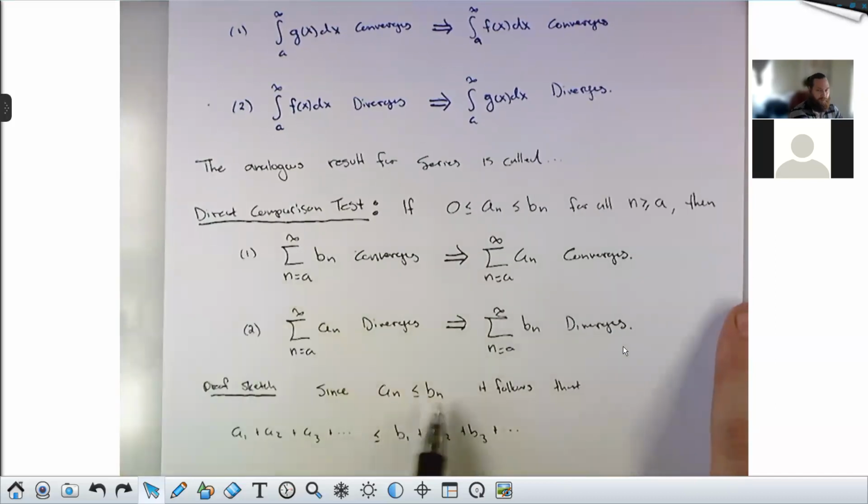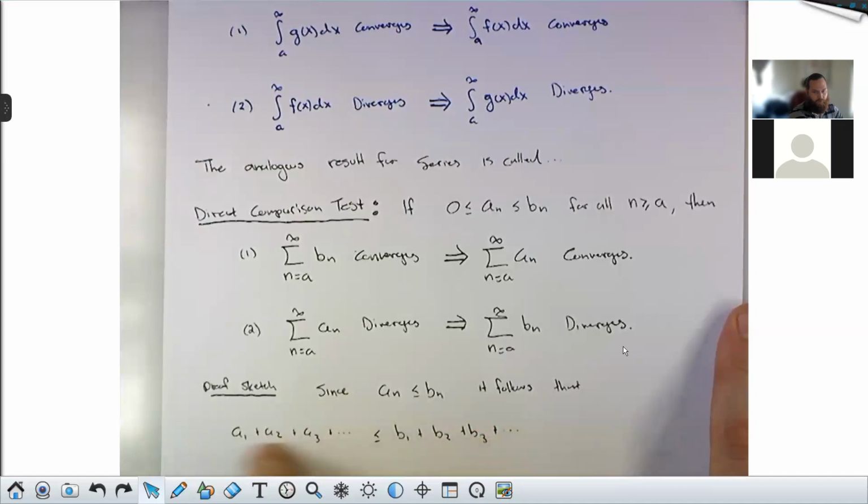This says a1 is less than b1. Also, a2 is less than b2. Also, a3 is less than b3. So this guy is smaller than this guy. This guy is smaller than this guy. This guy is smaller than this guy.